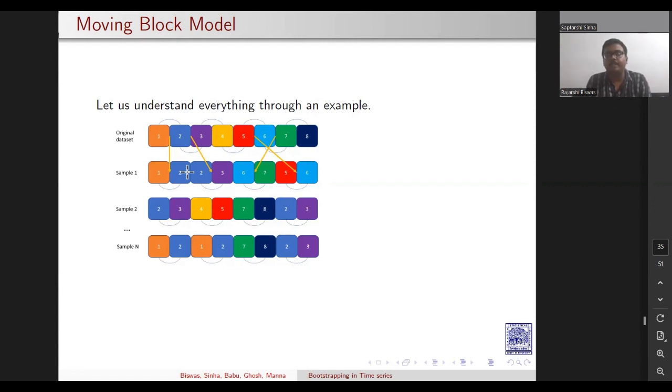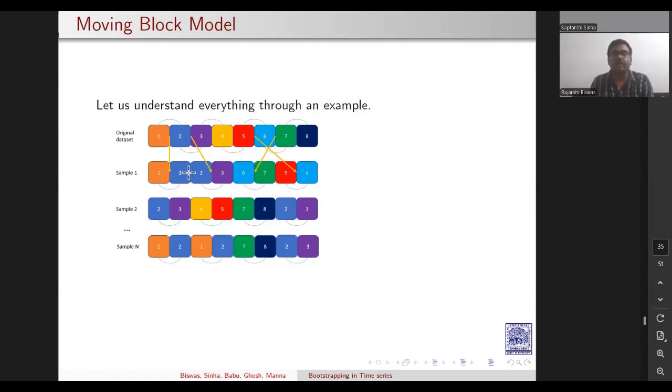So basically, we will select 4 samples. Say the selected samples are 2, 3, 6, and 7. Then along with 2, 1 will get selected, along with 3, 2 will get selected, along with 6, 5 will get selected, and along with 7, 6 will get selected. So our data points for sample 1 will be 1, 2, 2, 3, 5, 6, 6, 7. Similarly, we have n such samples.